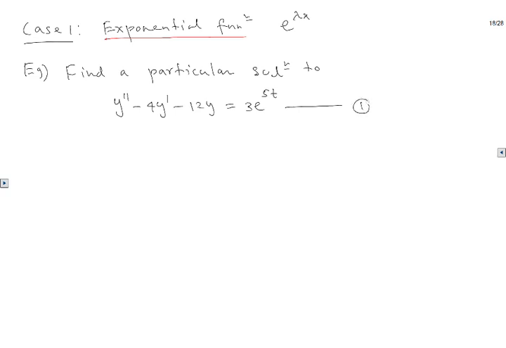Okay, so once you get a differential equation like that, this is the argument. We know that if you assume that your solution is another exponential function e to the 5t, then when you take the derivative, e to the 5t stays there. So only the coefficient is changing.